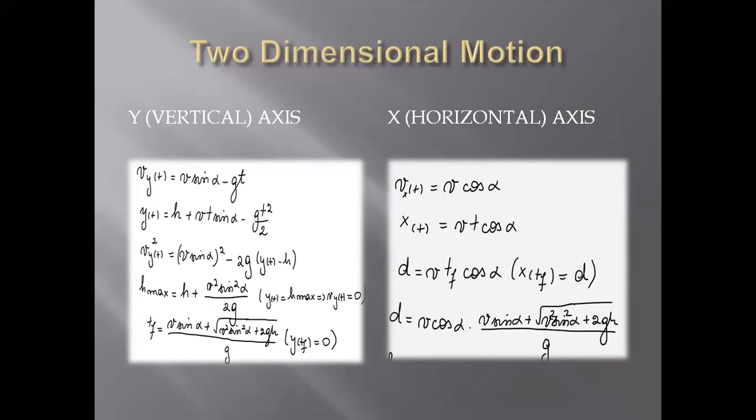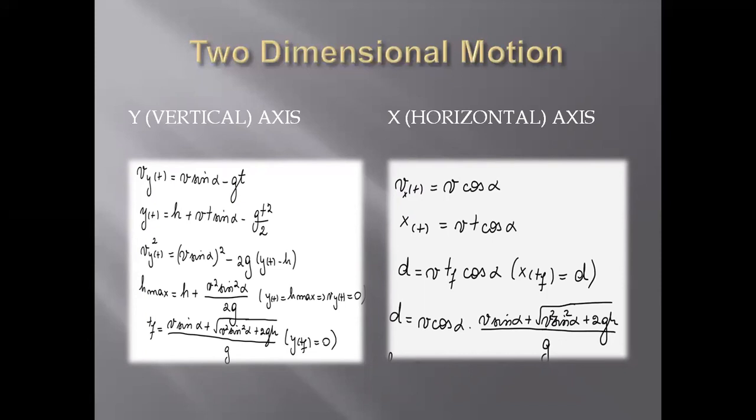Then, if we plug this into the second equation and rearrange it to obtain a quadratic equation for t, we see that we obtain a rather complicated expression for t given by the quadratic formula, but this can be further particularized for, let's say, h equal to 0 or any other conditions we might be given in a problem.